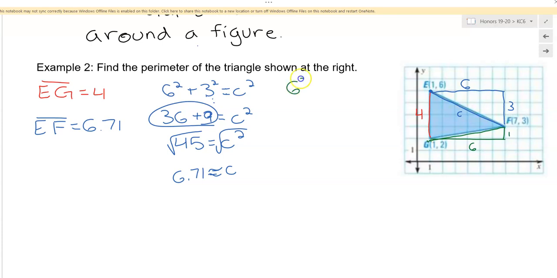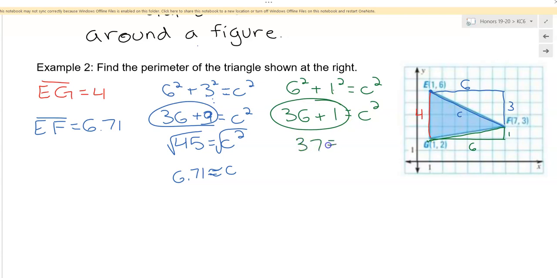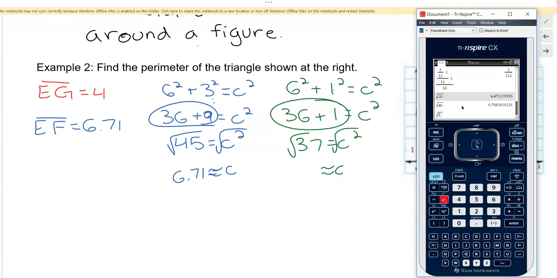I'm going to do 6 squared plus 1 squared equals c squared. 36 plus 1 is 37. Square root both sides, and I'm going to throw that in my calculator. The square root of 37 is 6.08.